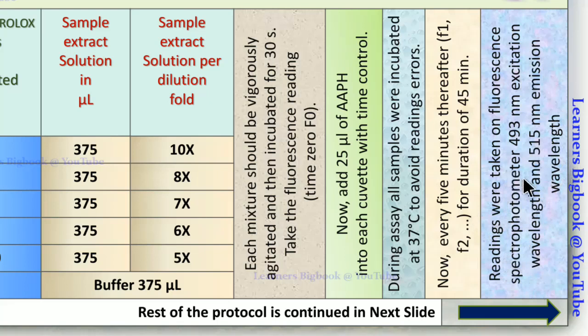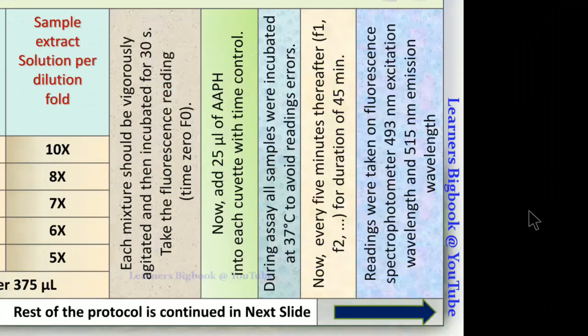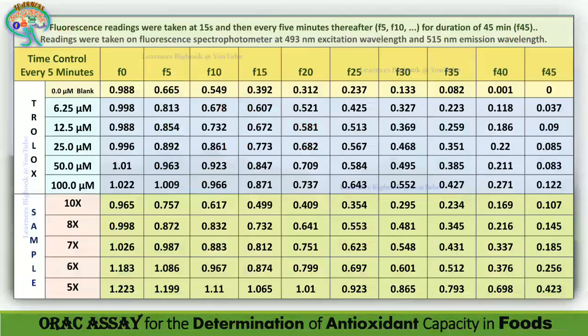Those readings have to be tabulated like this. As I said, time control every 5 minutes, that is F0, F5, F10, F15, F20, F25, 30, 35, 40, 45. We have taken up to 45.